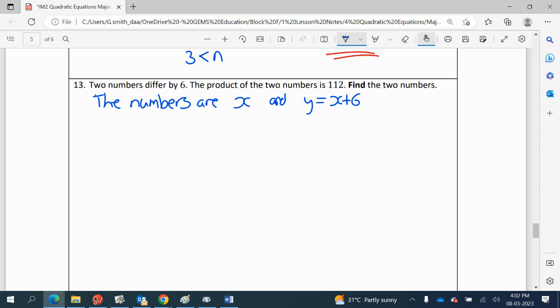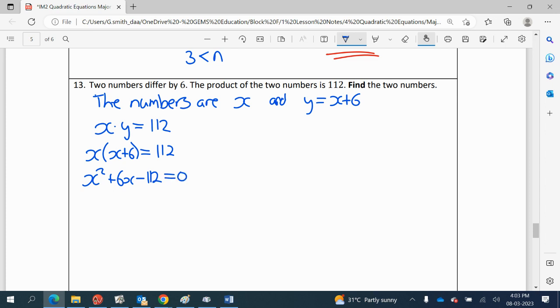So find the two numbers. x times y is equal to 112. So x bracket x plus 6 is equal to 112. x squared plus 6x minus 112 is equal to 0.